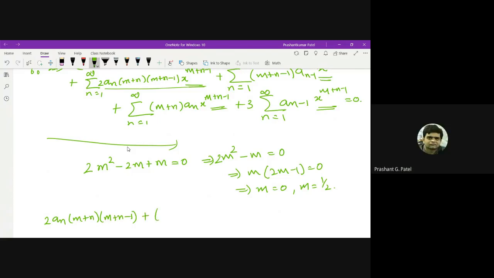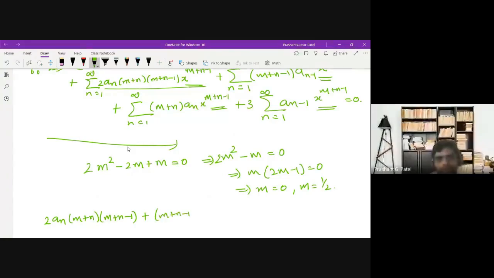Plus m plus n minus 1, a n minus 1, you have as the second term. The third quantity is m plus n, a n, that we have here. And the third one is 3 into a n minus 1 equal to 0.